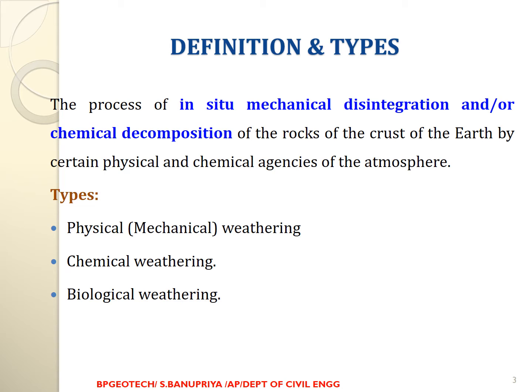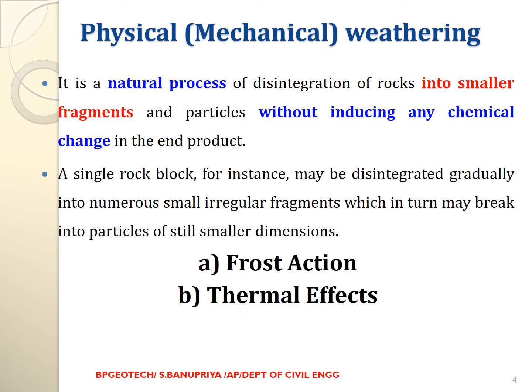Weathering is divided into three types: physical weathering, chemical weathering and biological weathering. Physical weathering is also known as mechanical weathering. Mechanical weathering is a natural process of disintegration of rock into smaller fragments, and after the weathering there will be no change in the chemical composition.